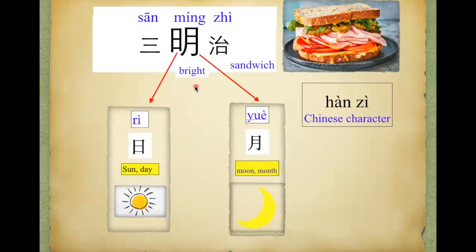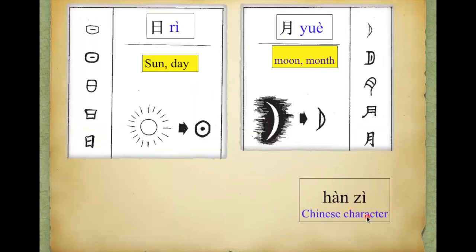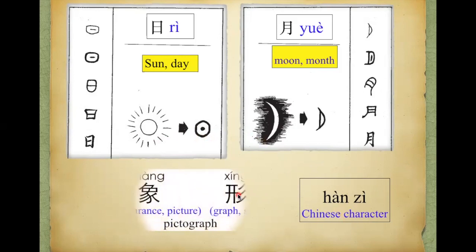明 bright. So for the 汉字日 and 月, those came from the specific object. And Chinese saw the object and drew the outlines, their pictures. They create 汉字 this way, we call it 象形.